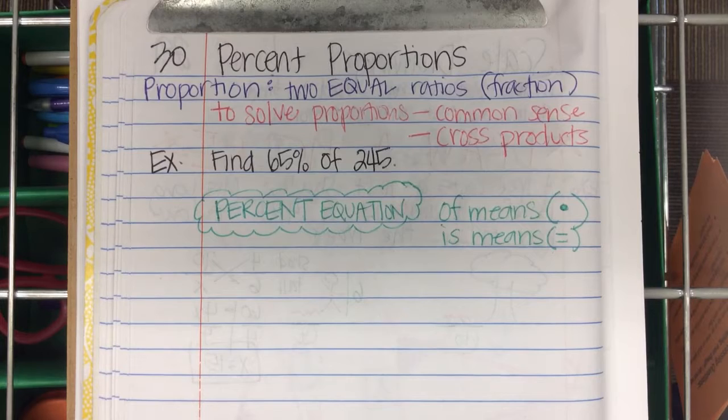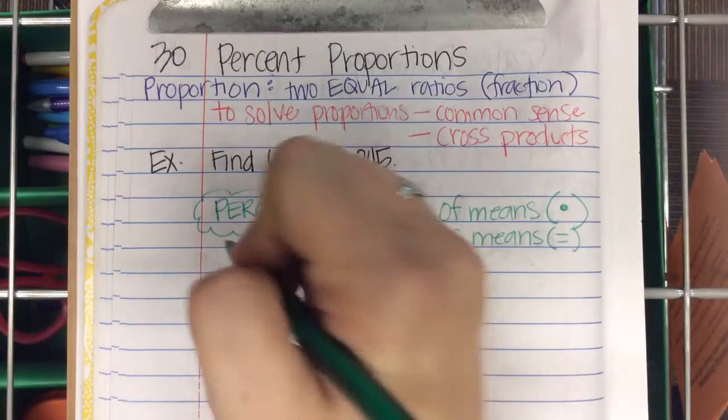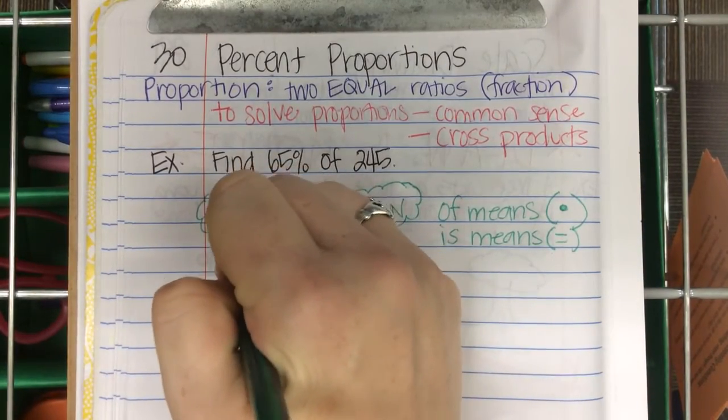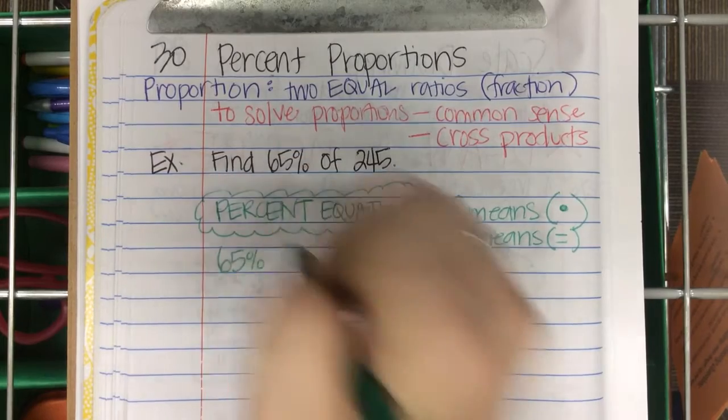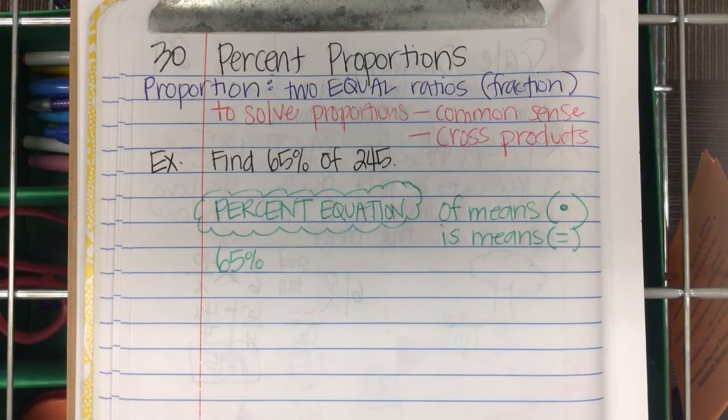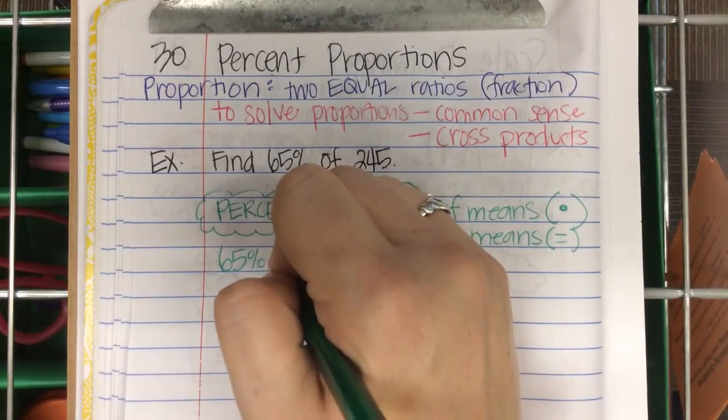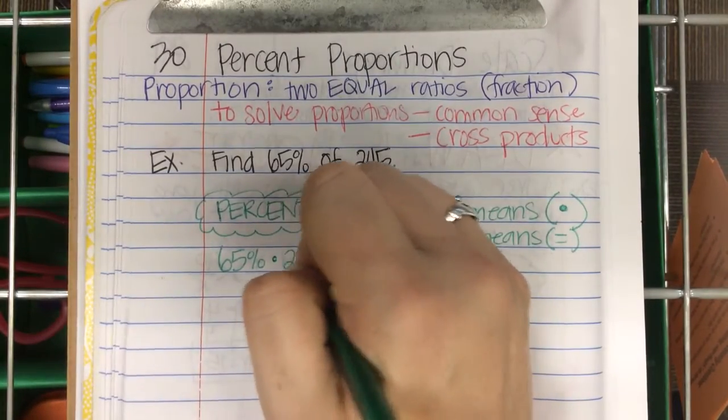So if I'm looking at that percent equation, find 65% of 245, can you write that as a problem? Yes: 65%, and what does of mean? Times 245.